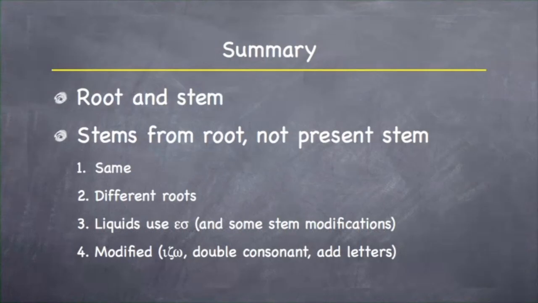We saw some roots go into the present tense and double the final consonant, and in all the other tense stems, the consonant is single. And we saw that some roots are going to add in letters like iota or sigma kappa in the formation of the different stems. And there were a few odds and ends as well, compound verbs and watching deponent forms.